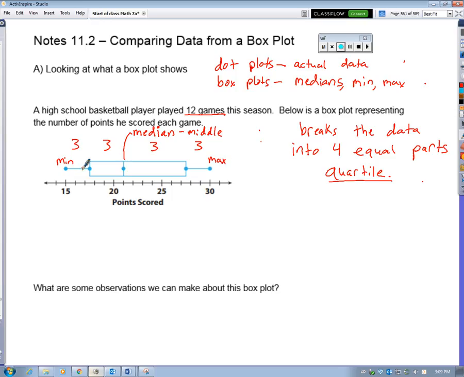And then what we have right here is our lower half of data. And this here is the lower median, or the lower middle. And over here on this side we have the upper half of the data. And this one right here is the upper median.